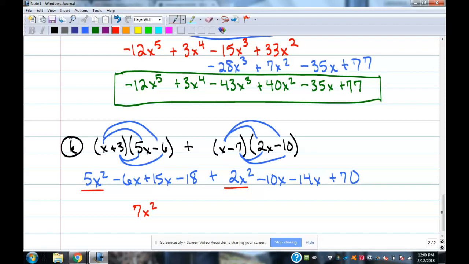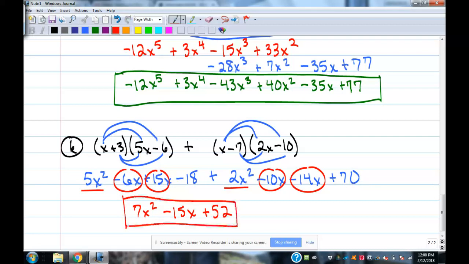Minus 10, negative 1. Minus 14 be negative 15. And that gets all of these guys. 70 minus 18 would be 52. 52.